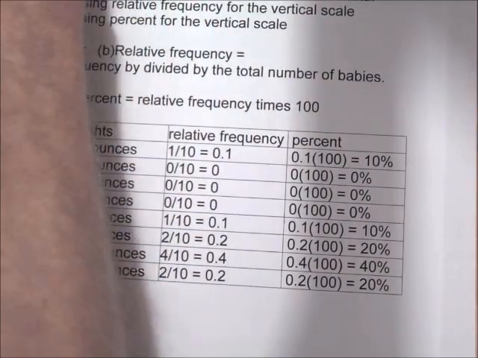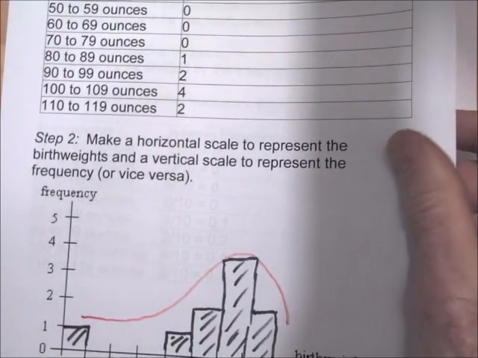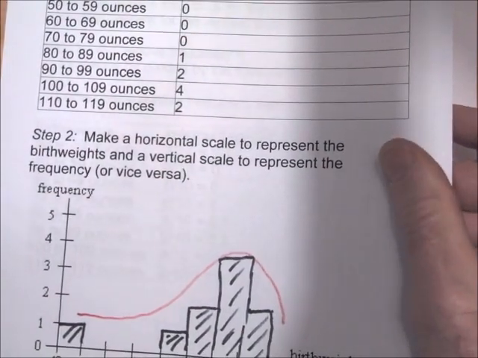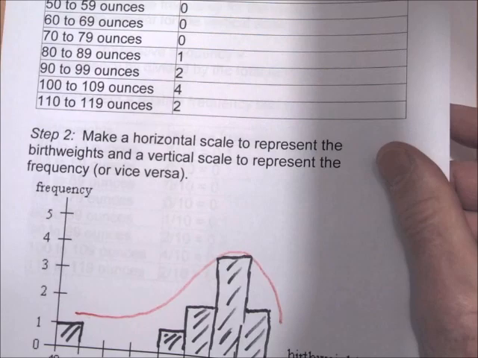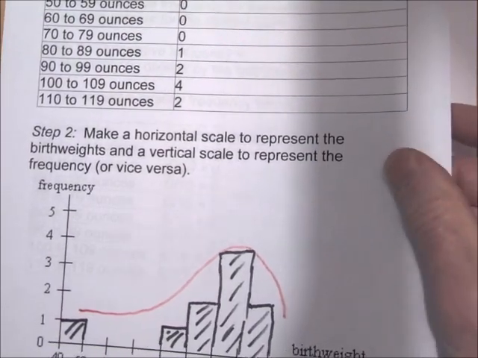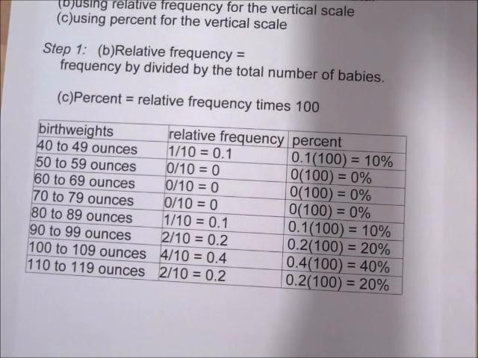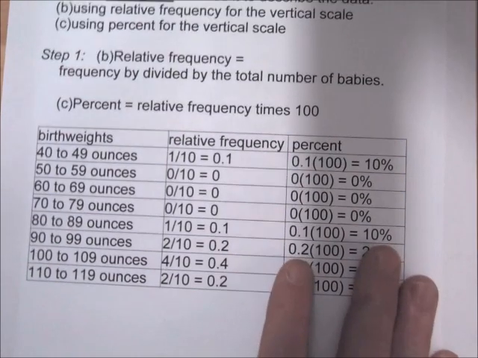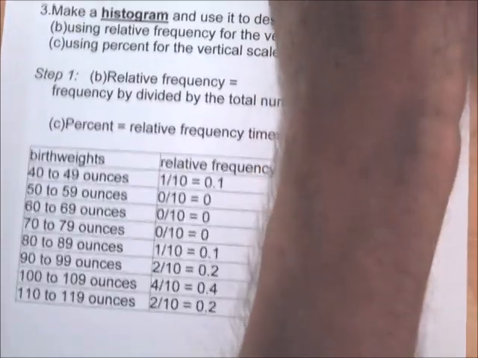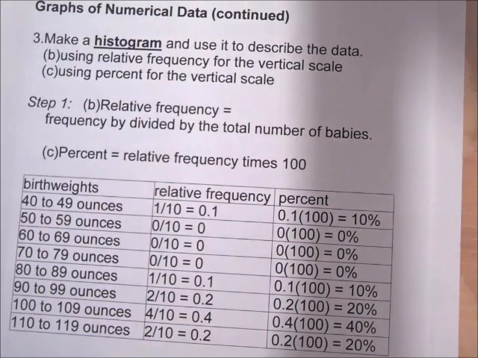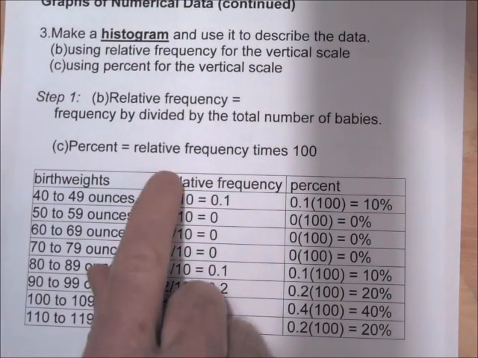Okay, so our vertical scale here on this graph was the frequency. Some of the exercises in the book, instead of doing frequency, they do relative frequency, or sometimes even percentage. You can convert frequency into relative frequency by dividing by the total number.